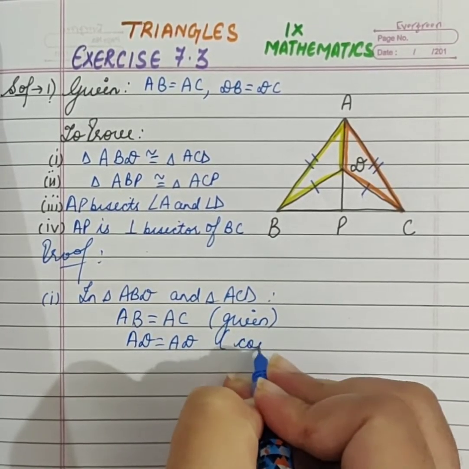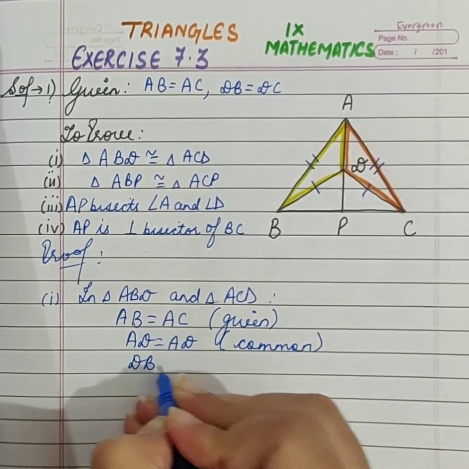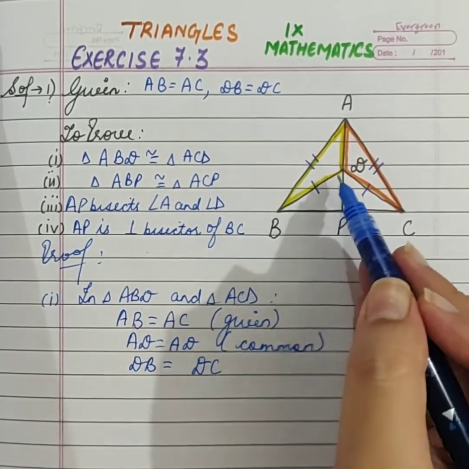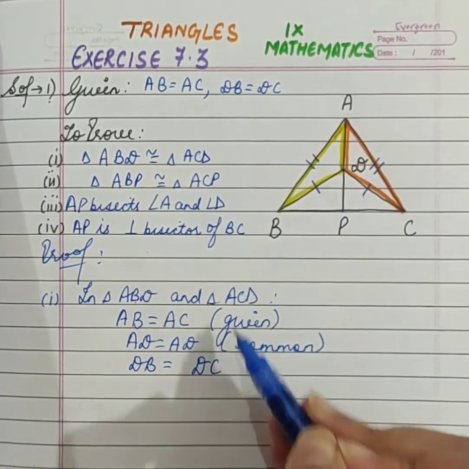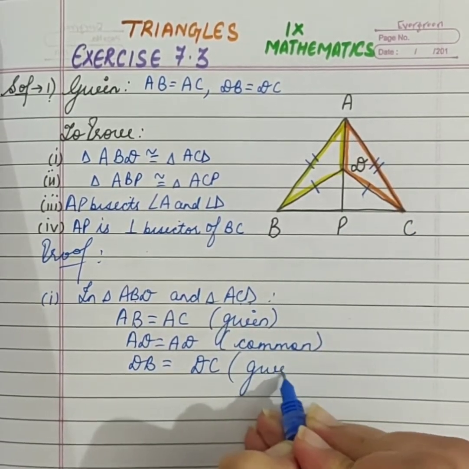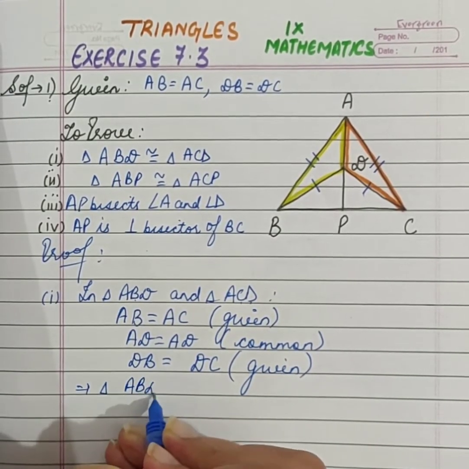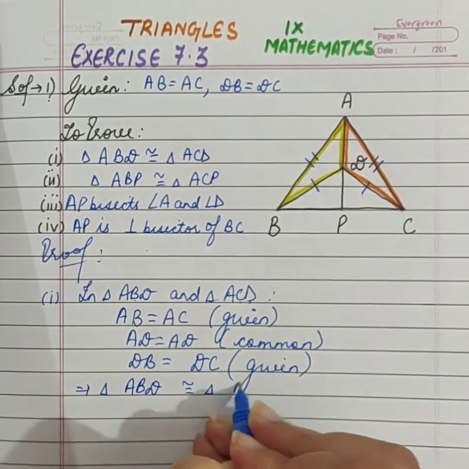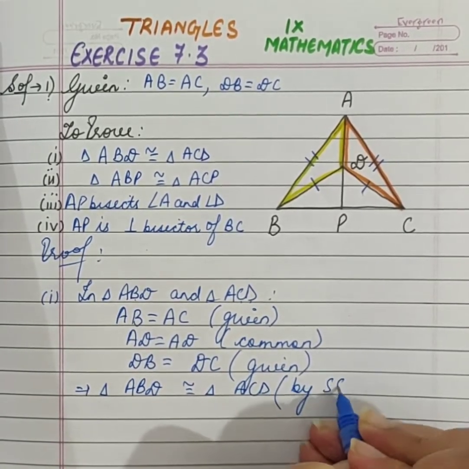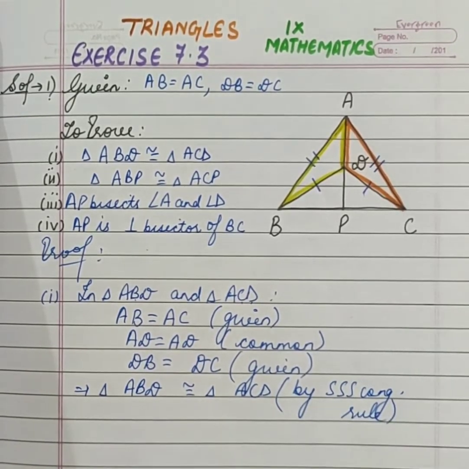This is common. And DB is equal to DC. If you are writing BD, then here you will write CD. This is also given. So this implies triangle ABD is congruent to triangle ACD by SSS congruence rule. Hence proved.